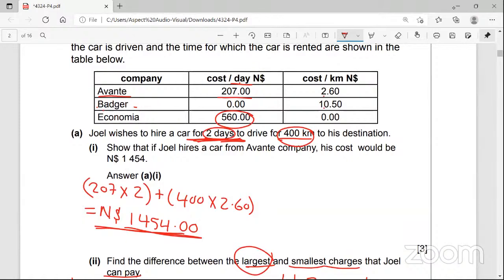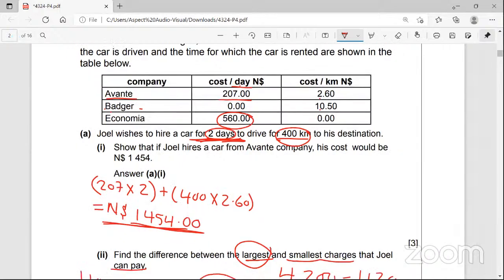They charge per kilometer, isn't it? But the kilometers is what we are looking for, isn't it? That one would be a variable x. So the charge per kilometer and the distance required is the one we are looking for. So they charge how much? 10.50.